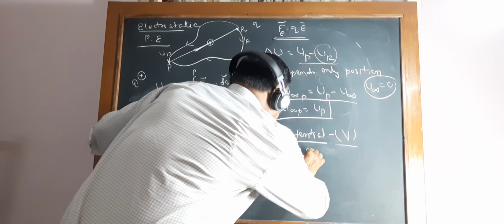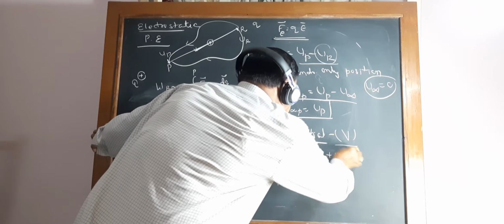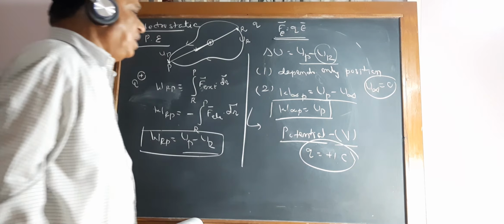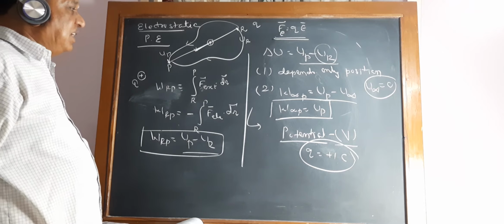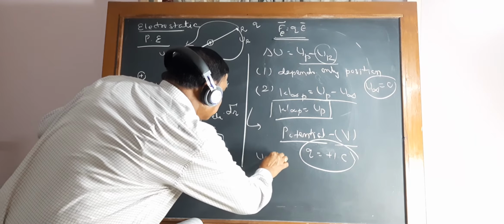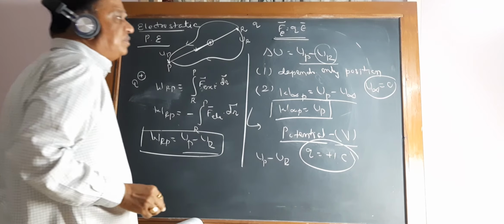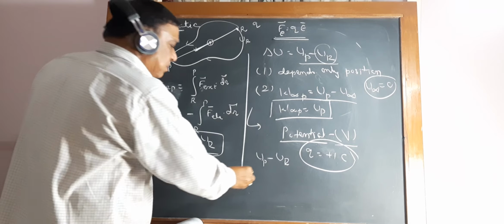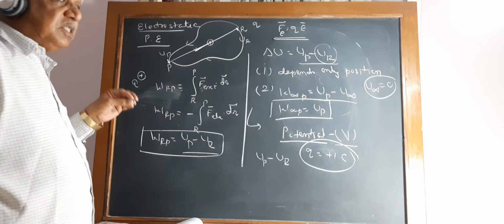We are taking Q as plus 1 coulomb. Then we can write here UP minus UR. Both are for the test charge Q.